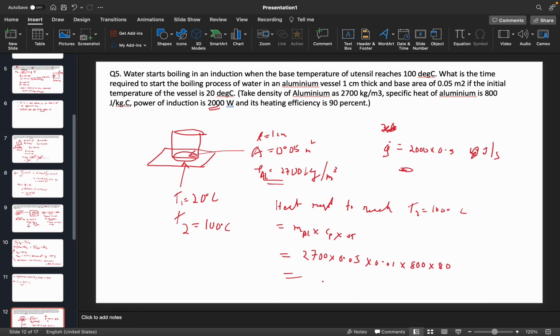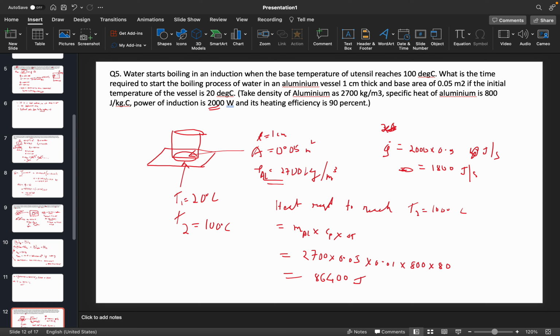So you require 86400 joule. Now the induction that you are buying is providing you 2000 into 0.9, which is 1800 joule per second.